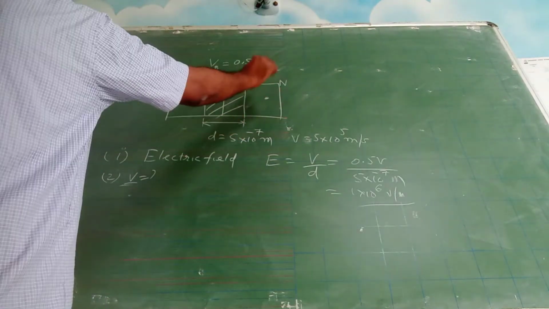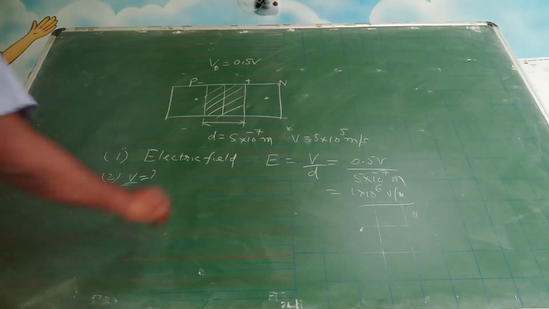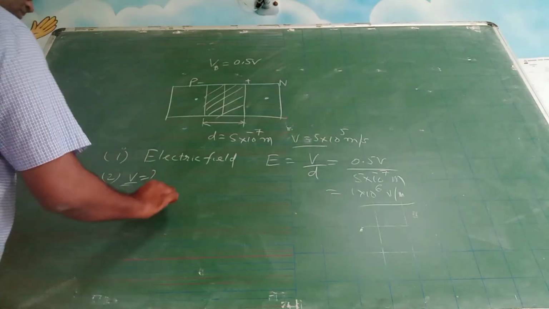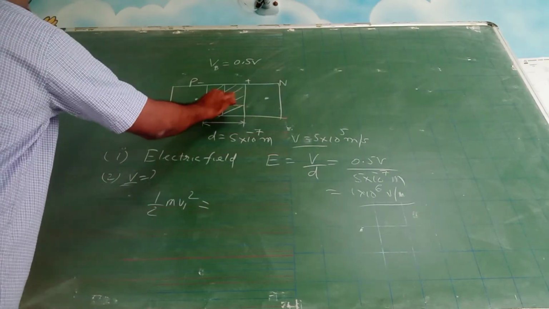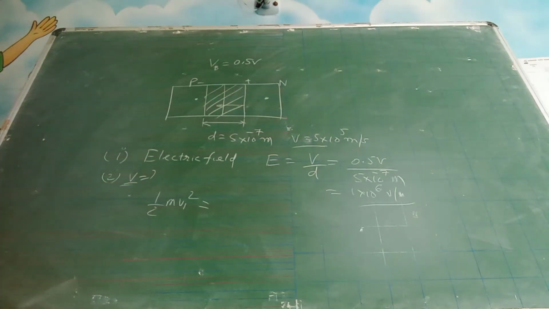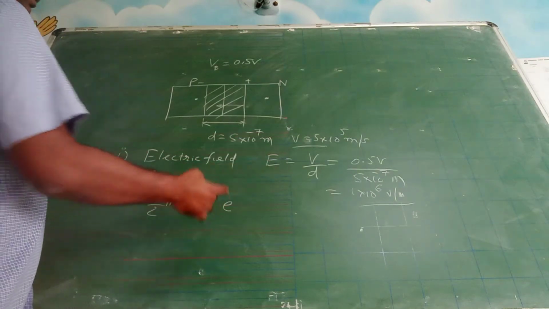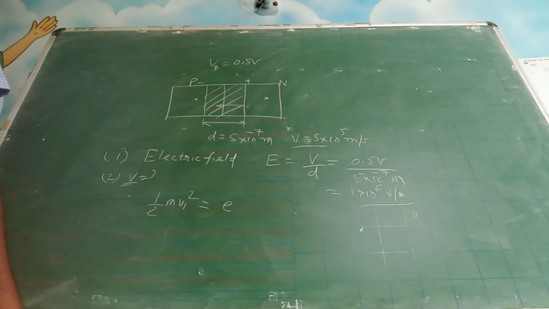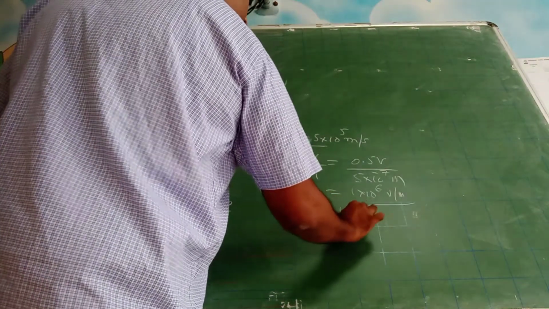See, you can apply energy conservation here. So the electron here is possessing this much speed, half m v1 square. It is crossing over this region. So it will gain some potential energy. What is that potential energy? You know that U is equal to VQ.